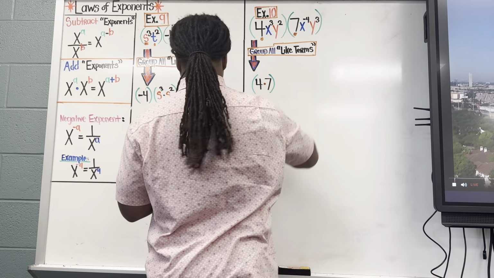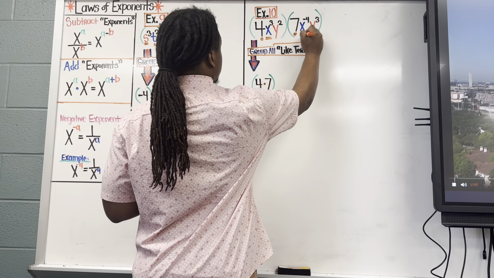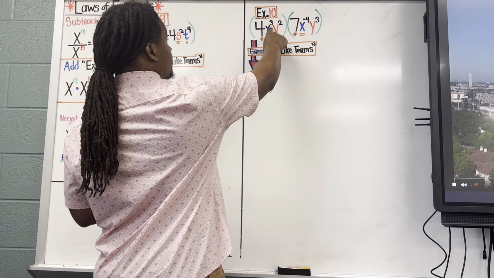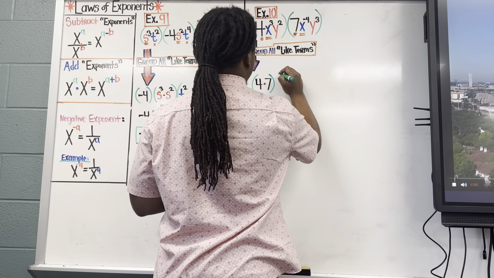Now, the next part, guys, are gonna be the x's. So I have x to the third power times x to the negative fourth power. So let's go ahead and put that.